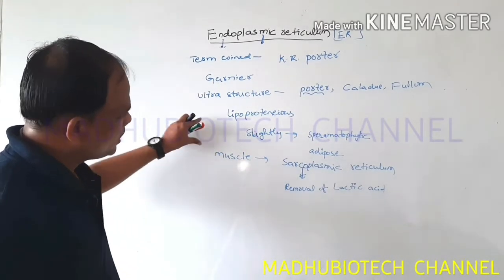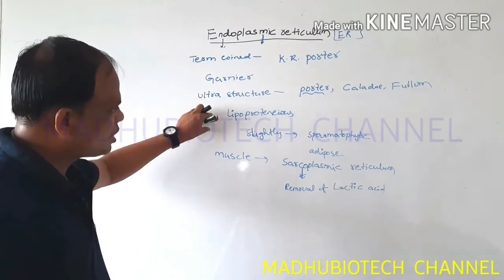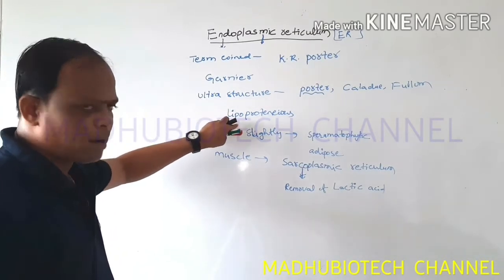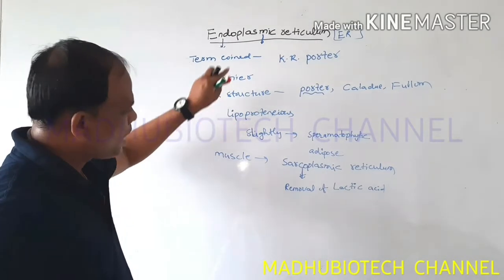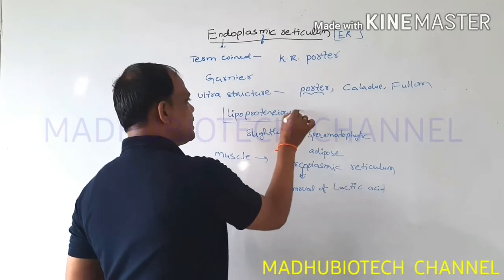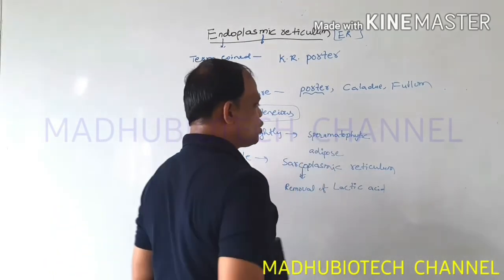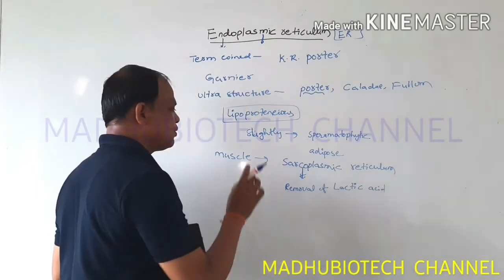So this is a lipoproteinaceous network-like structure. It runs from the nuclear membrane to the plasma membrane and is made up of lipoproteinaceous particles. It is slightly found in spermatophytic or adipose cells. In muscle cells it is known as sarcoplasmic reticulum, used for the removal of lactic acid.